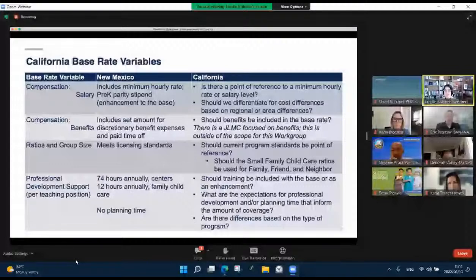Are there other types of expenses that you would like to see that would be funded perhaps through additional enhancements? So question of base rate, and then also question of enhancements.